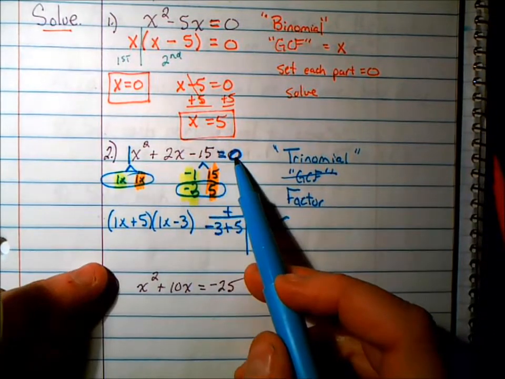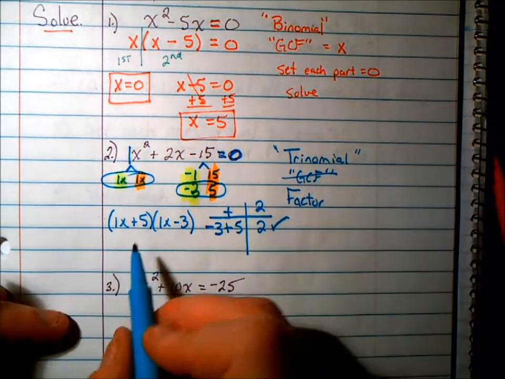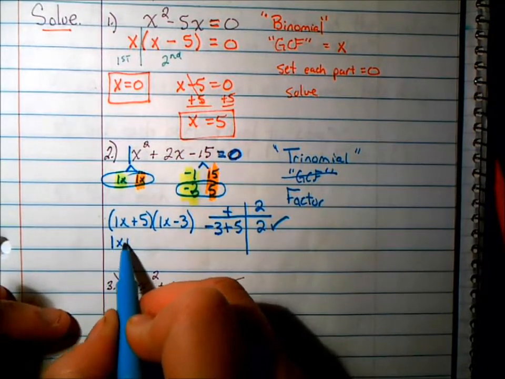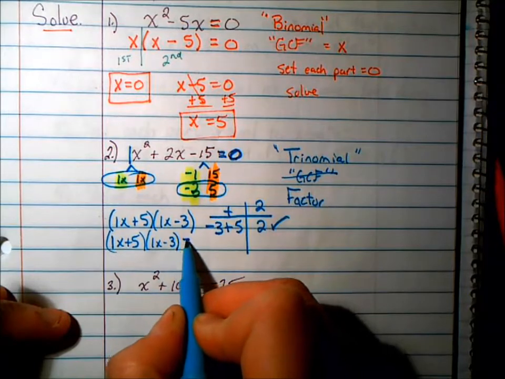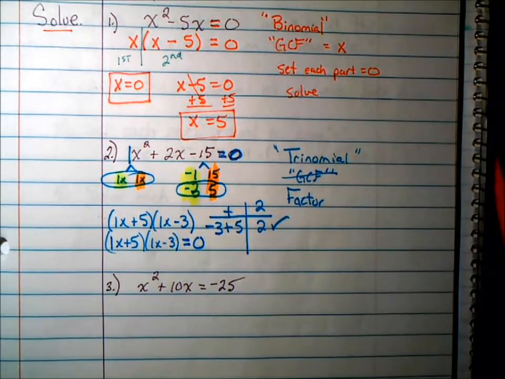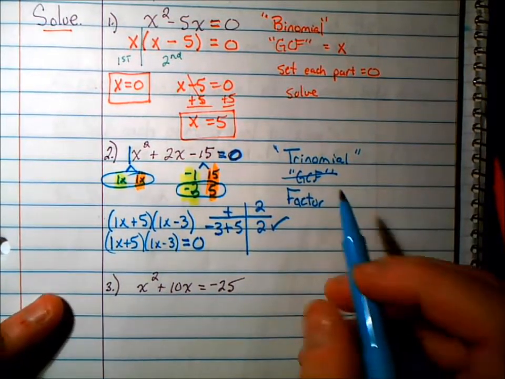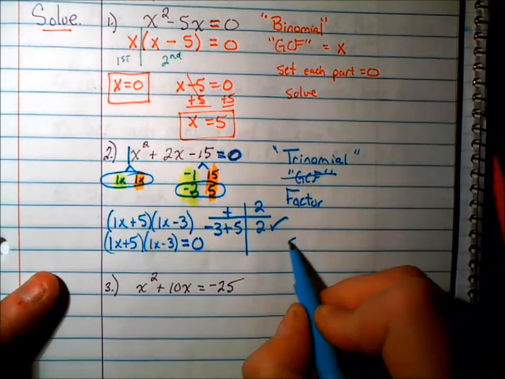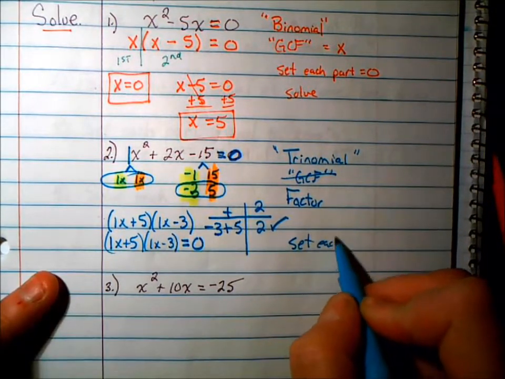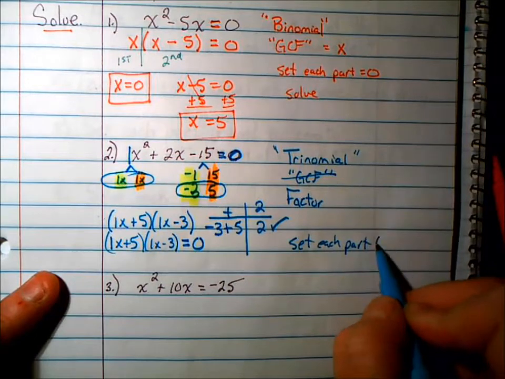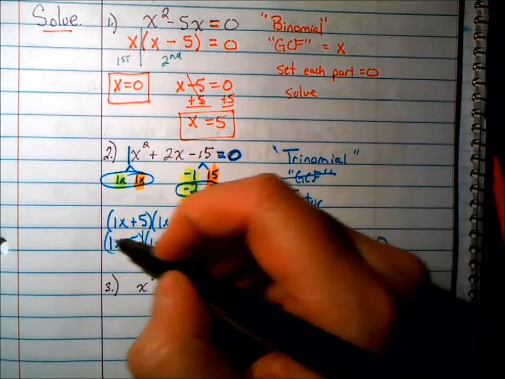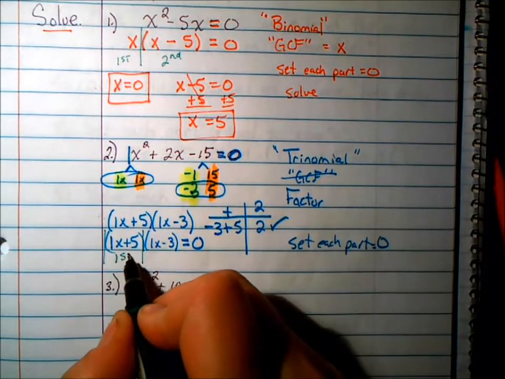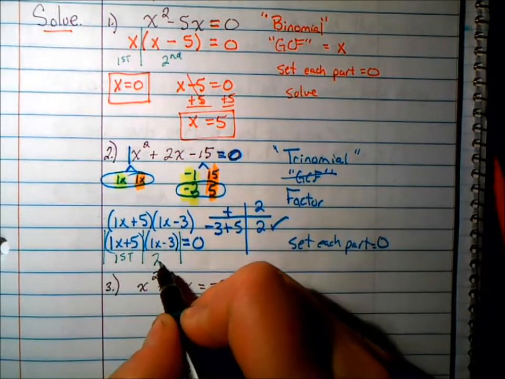Now if I put this into my equation, I would have 1x plus 5 and 1x minus 3 equal to 0. Now this is where I need to set each part equal to 0, between my parentheses, this is my first section, and here's my second section.